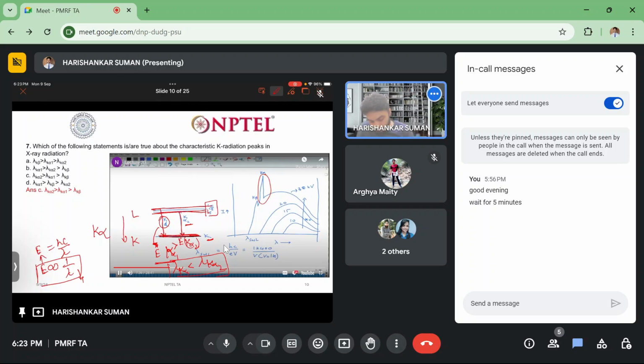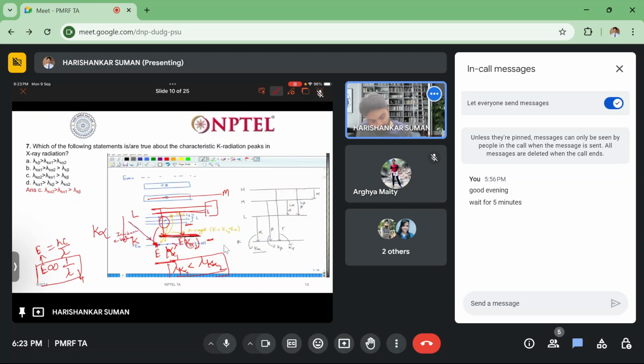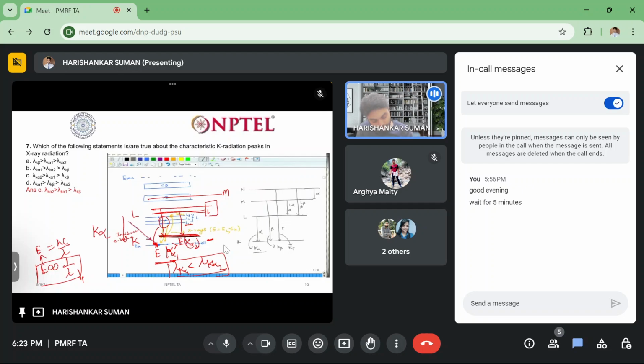And for lambda K beta, we know the transition is from M to K, which corresponds to K beta.